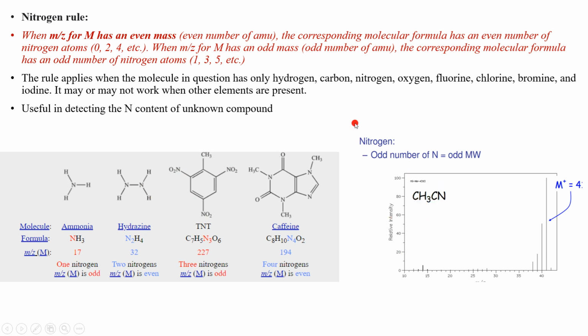An odd molecular mass means an odd number of nitrogens, and an even molecular mass means an even number of nitrogens. The odd number can be 1, 3, 5, and the even number can be 0, 2, 4, so it may not even contain nitrogen.